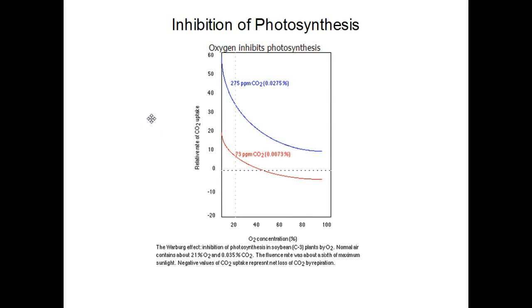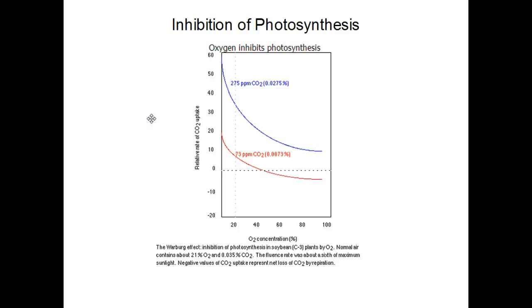Now, you've seen this several times, and I told you you'd see it again, and this is the again. We have a major problem with carboxylase, Rubisco. In the real world, outside, oxygen limits photosynthesis.